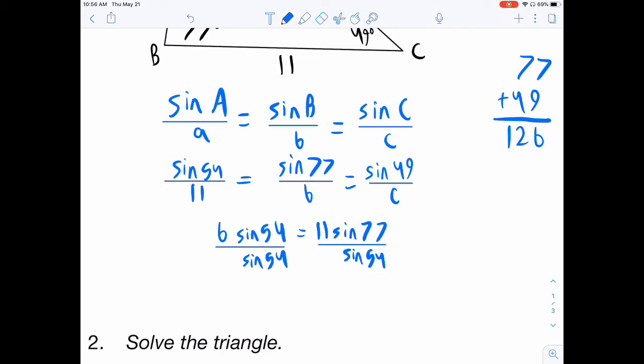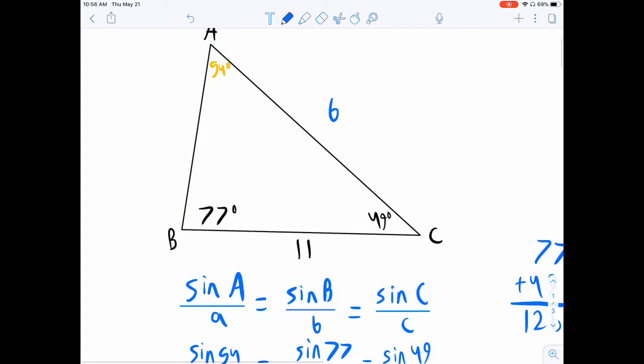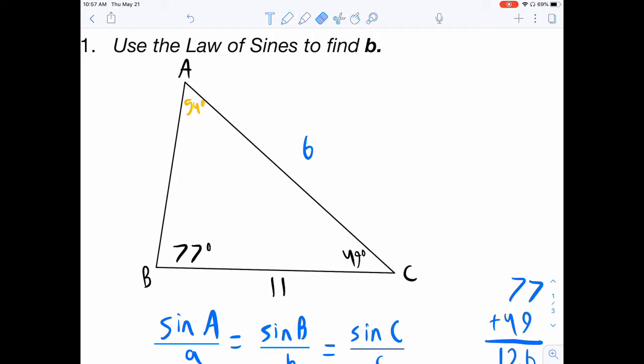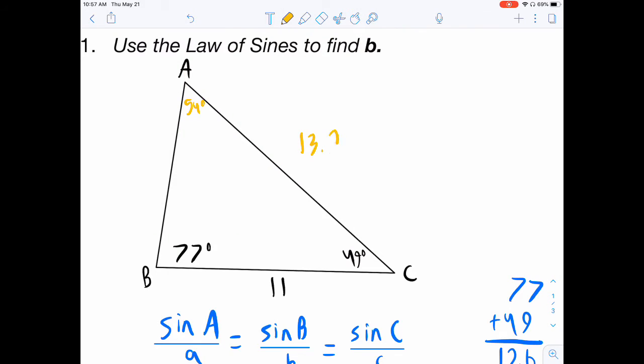Or it's actually 13.24826, etc., but we like to round to the nearest tenth when using this. So side B will equal 13.2. And if this side's 11 and that's a little longer, it looks about right. So we can say that this side is 13.2 units.